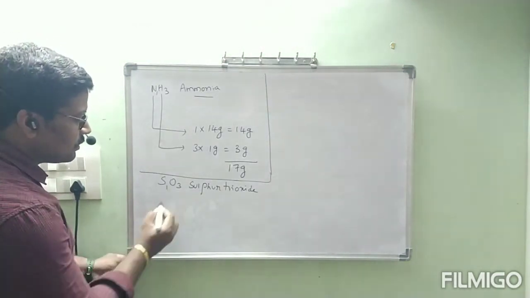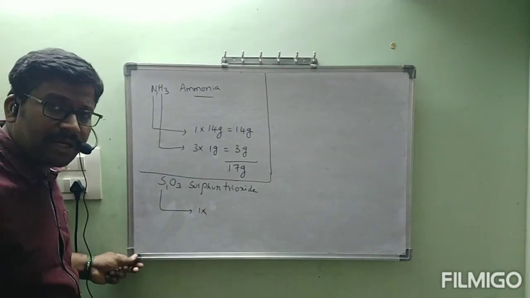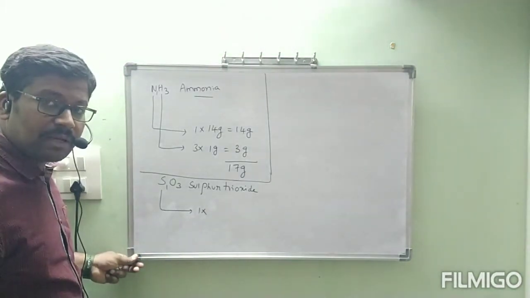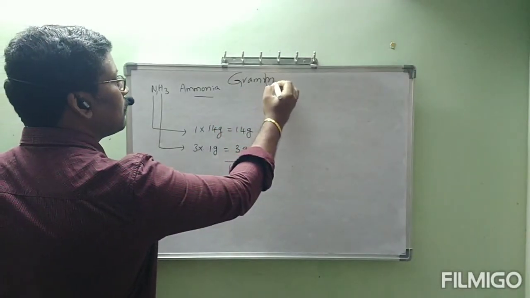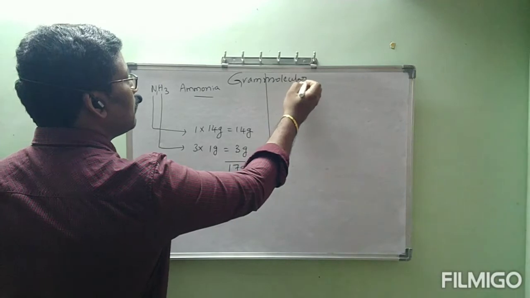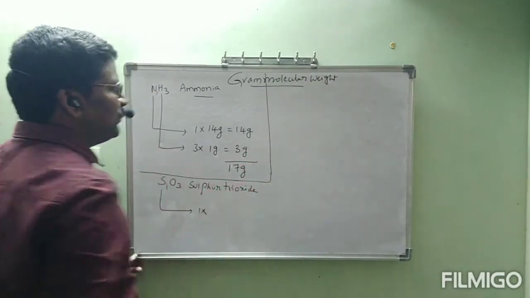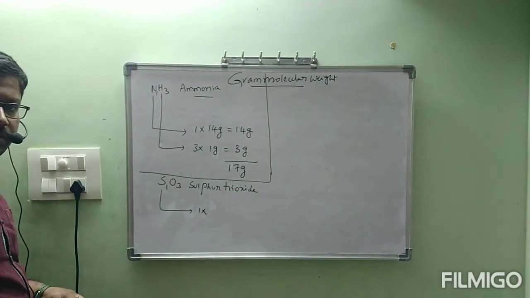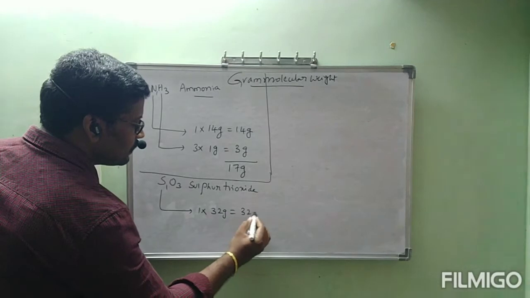Now, 1 into, what is the gram atomic weight of sulfur? The gram atomic weight of sulfur is 32 grams. Is equal to 32 grams.